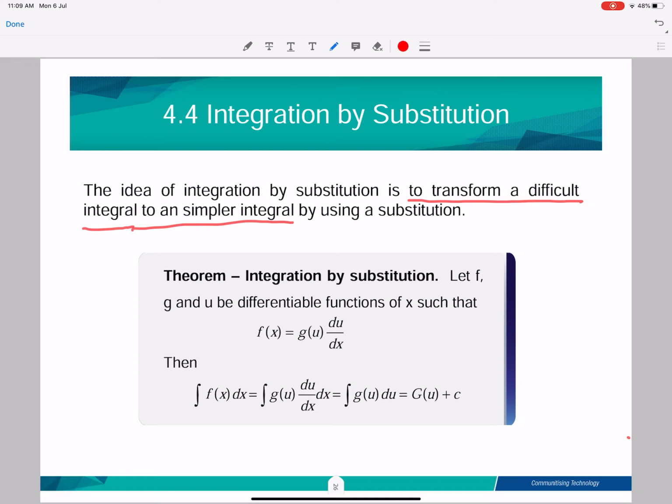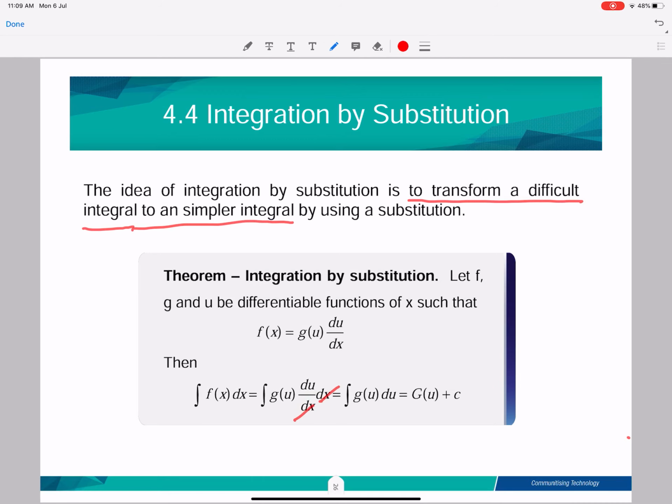Let f, g, and u be differentiable functions of x such that f(x) is equal to g(u) times du over dx. Then, the integral of f(x) dx is equal to the integral of g(u) du/dx times dx. And if you see here, we can simplify this to get the integral of g(u) du equals capital G(u) plus c.